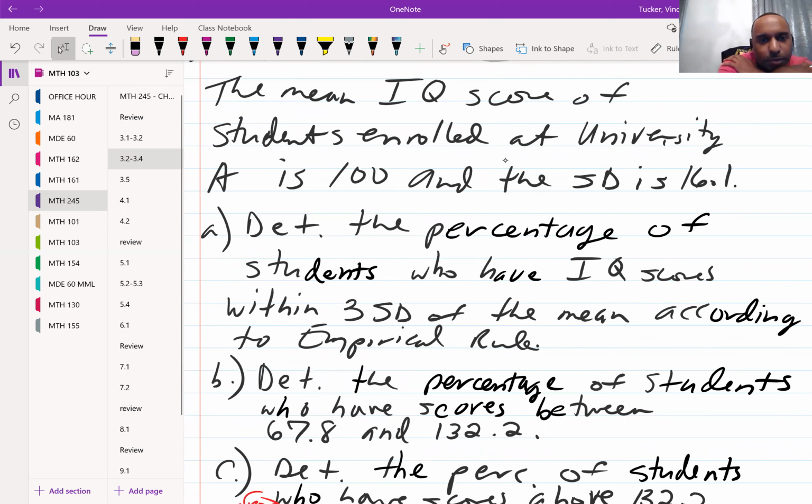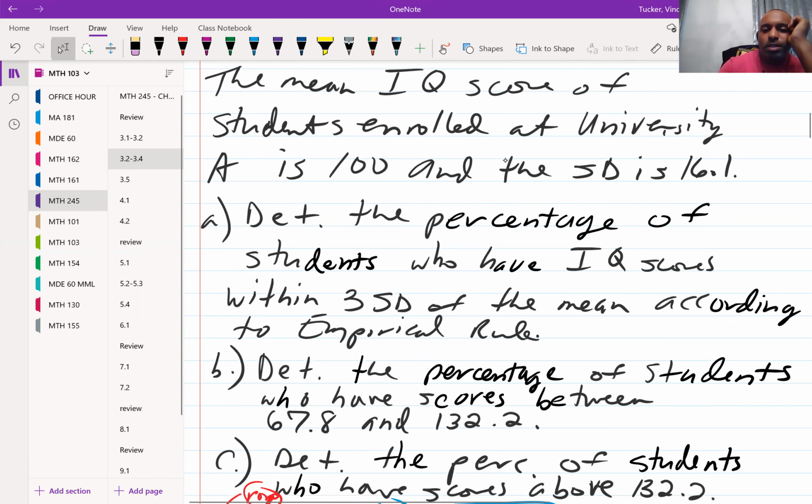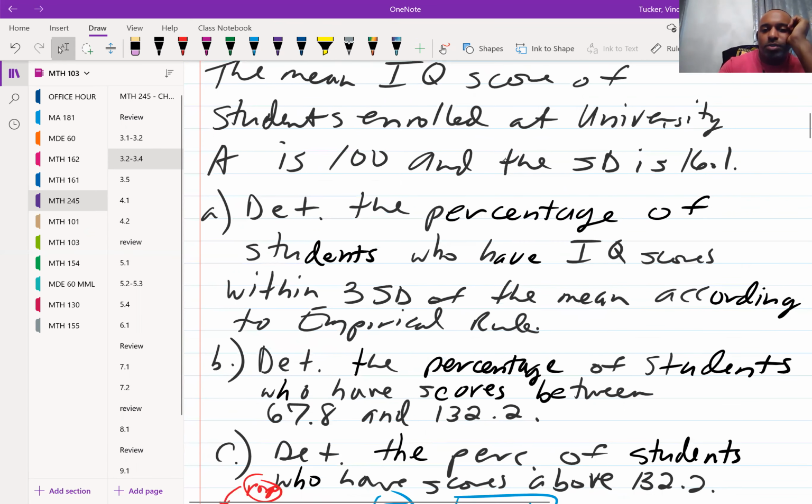A says determine the percentage of students who have IQ scores within 3 standard deviations of the mean, according to the empirical rule. B: determine the percentage of students who have scores between 67.8 and 132.2. And then C: determine the percentage of students who have scores above 132.2.